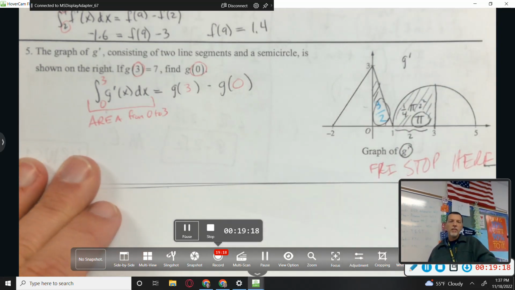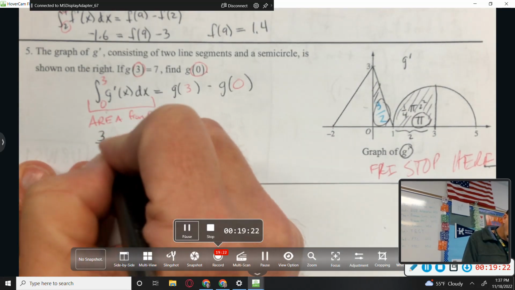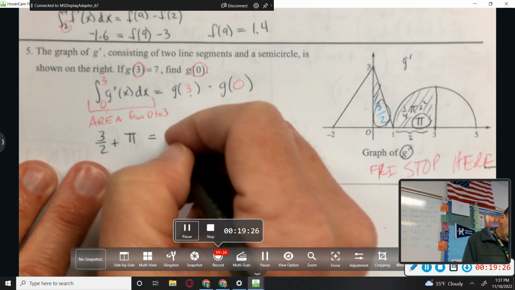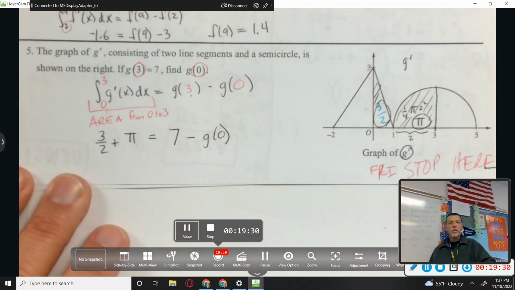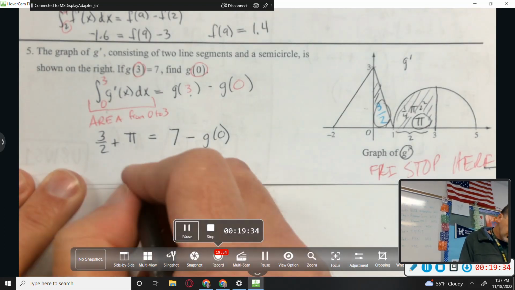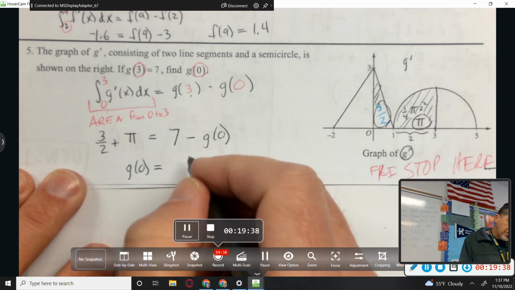So the area from 0 to 3 is 3/2 plus pi, and that equals G of 3, which is 7, minus G of 0, which is what we're looking for. So algebra our way around here.